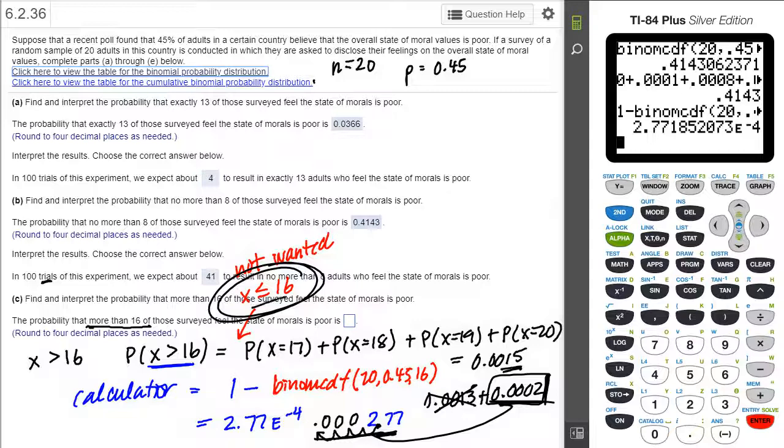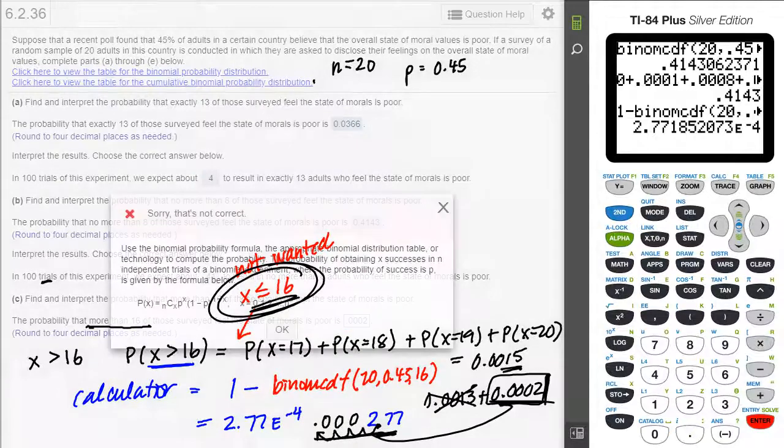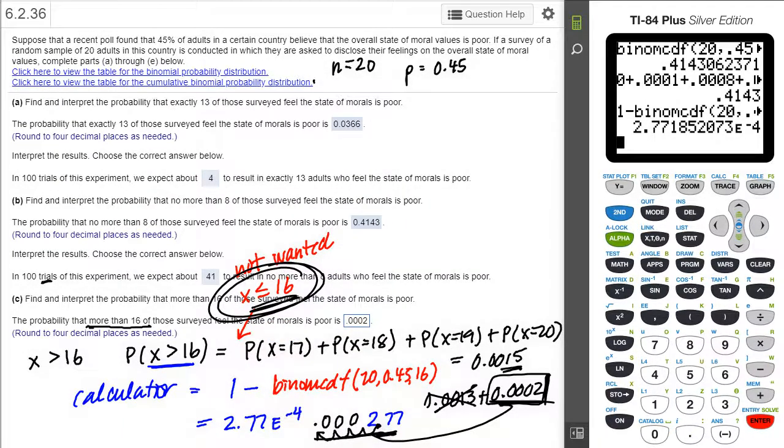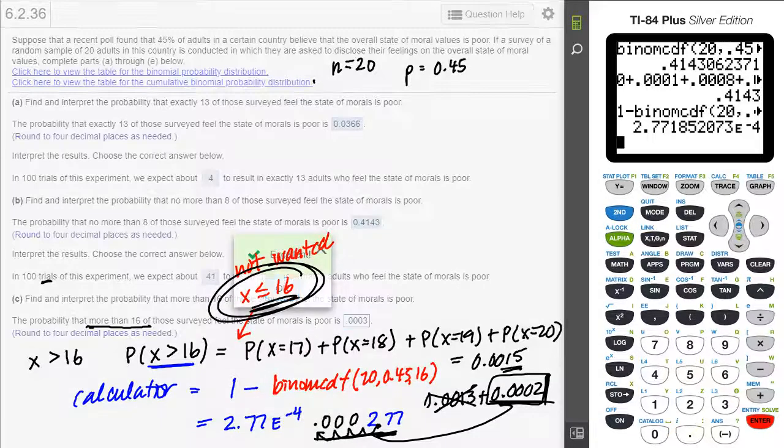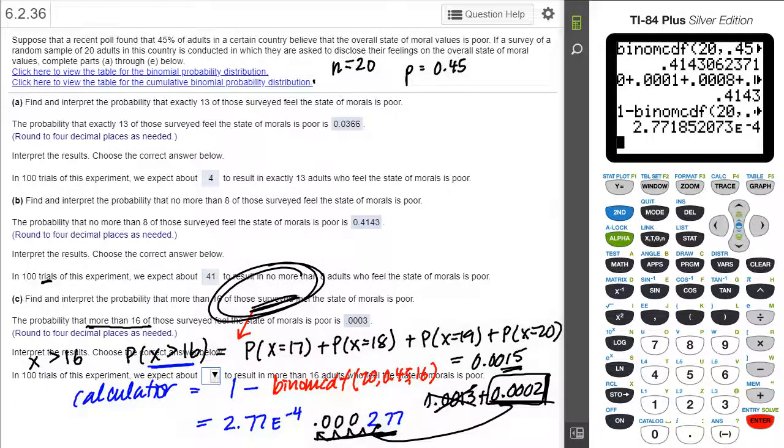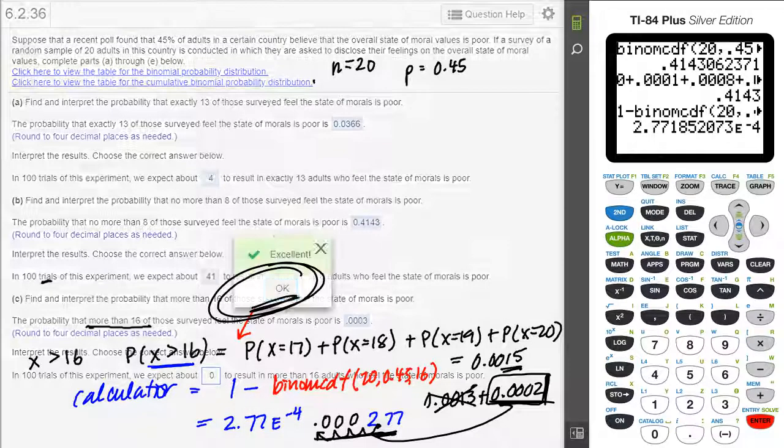I should not have used 16 from before. We can put this answer in. What do we do? 0.0002. Round that baby. 277 turns into 3. Okay, so then we would expect none, because that's very rare.